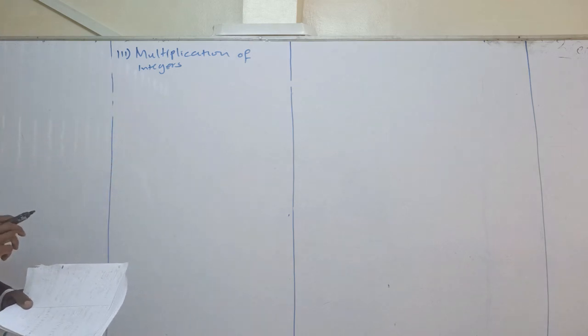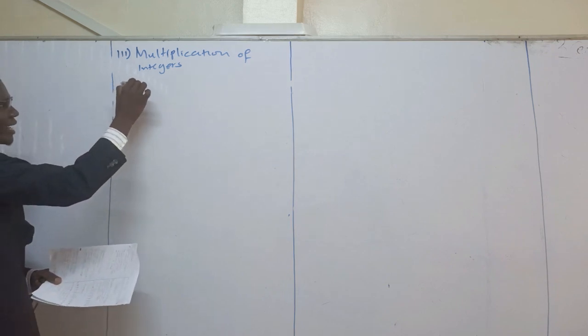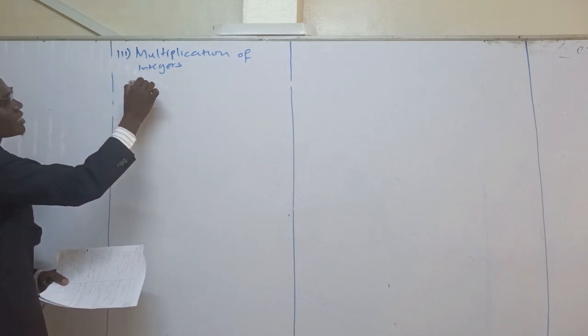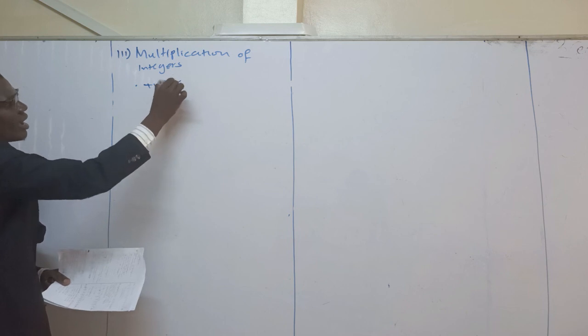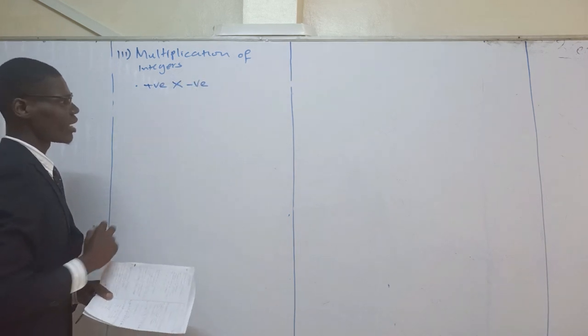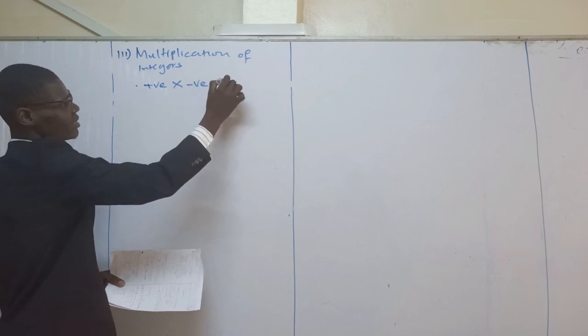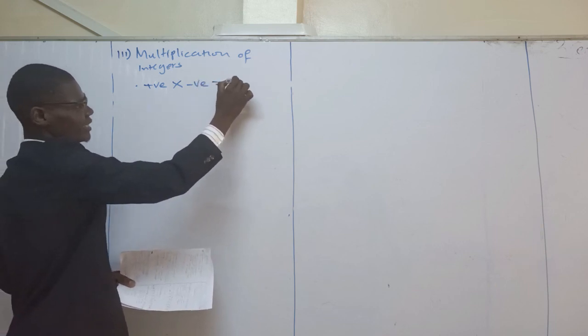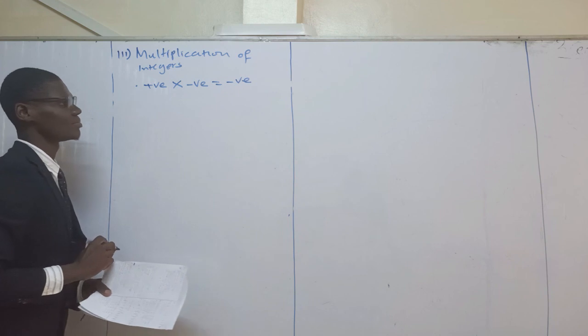The first one is that when I multiply a positive integer by a negative integer, my result is a negative integer.